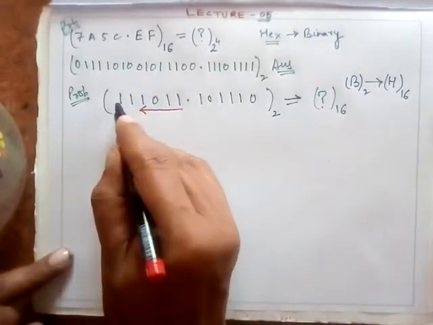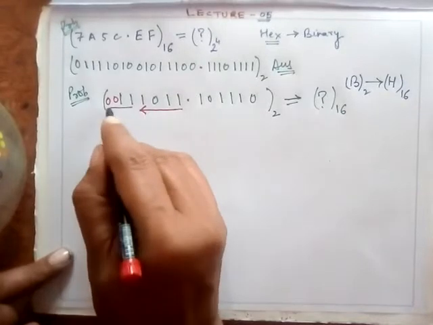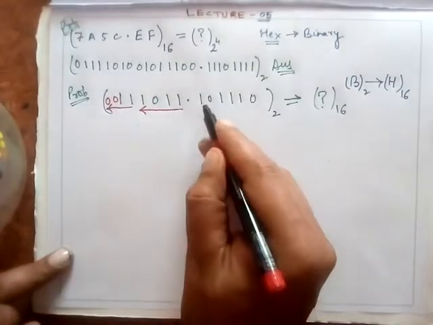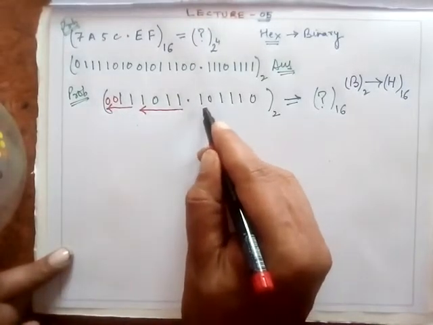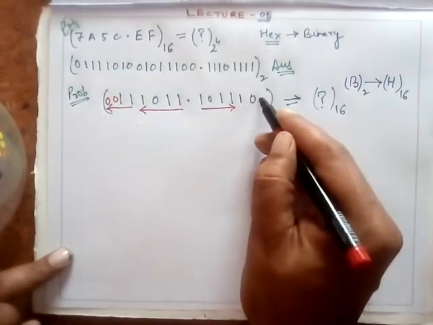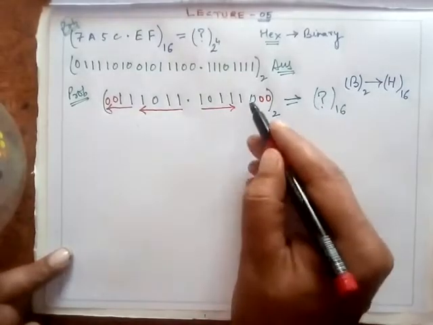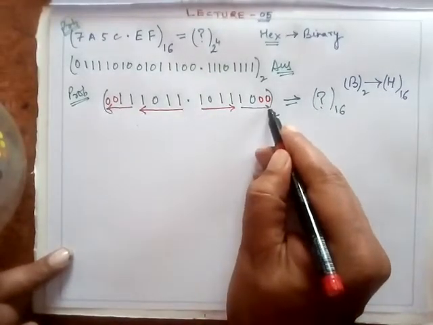Now I don't have 4 bits here, so I can insert zeros. That will not affect my result. I make a group here. Similarly, for the fractional part, I go from left to right. I don't have 4 bits here, so I insert 2 zeros. So I'll have a group of 4 bits here.